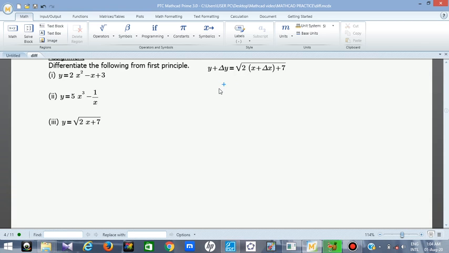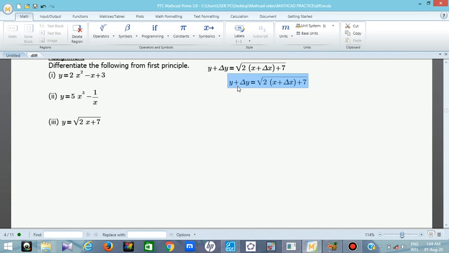So our next step is going to be, let me just copy this to make it fast. So y is going to leave this place. So y is going to the other side, and when y comes to this side, it's going to be minus y. So that is the next step.